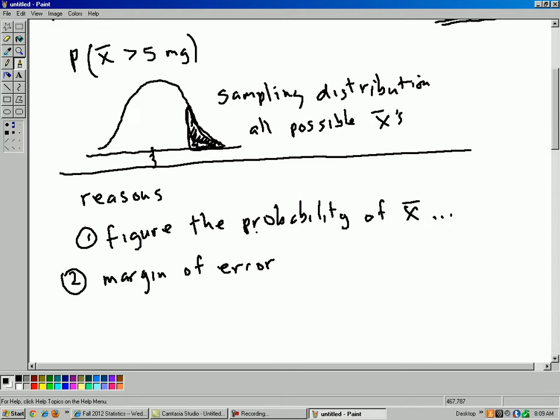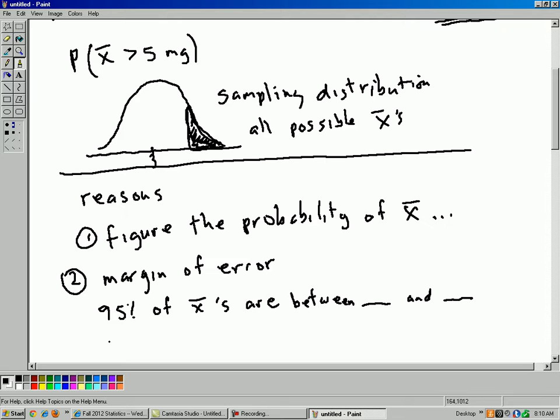Because our sampling distribution is in many cases a normal curve, we can make statements like 95% of x bars are between such and such, because of the 68, 95, 99.7 rule, between blank and blank, which is two standard deviations, whatever those standard deviations turn out to be. And so you can say that 95% of the time, our particular sample mean will be between two certain numbers.